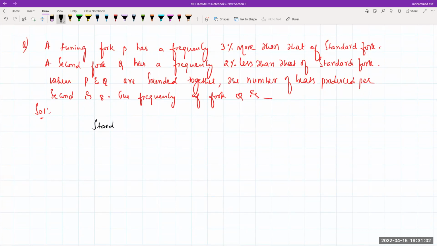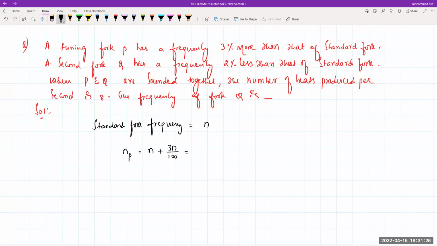So I'll take the standard fork frequency to be, say, some n. The frequency of P will be n plus 3% more, that means 3n divided by 100.